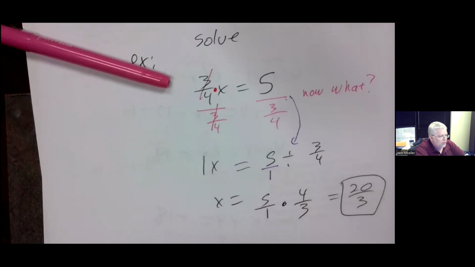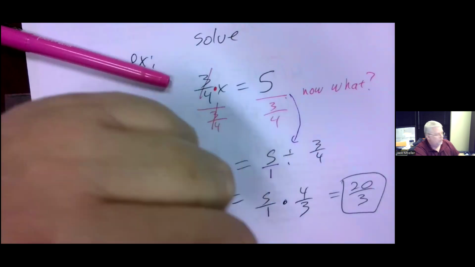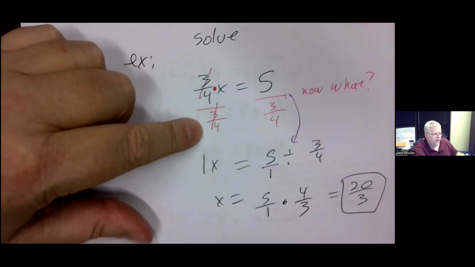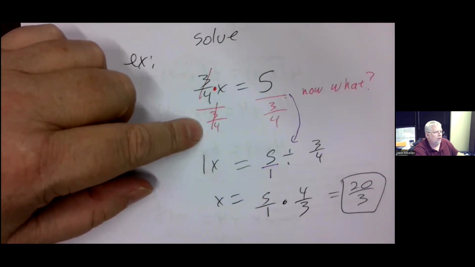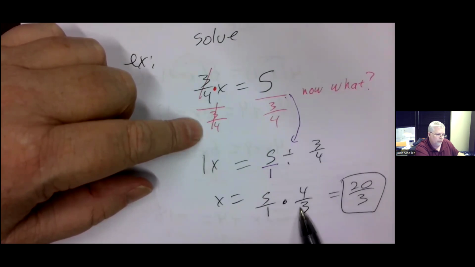So you could do it this way. But again, that in particular is a bit messy. So my suggestion is, up here at the start, we divided by a fraction. Well, what do we do every time we divide by a fraction? We invert it and multiply.